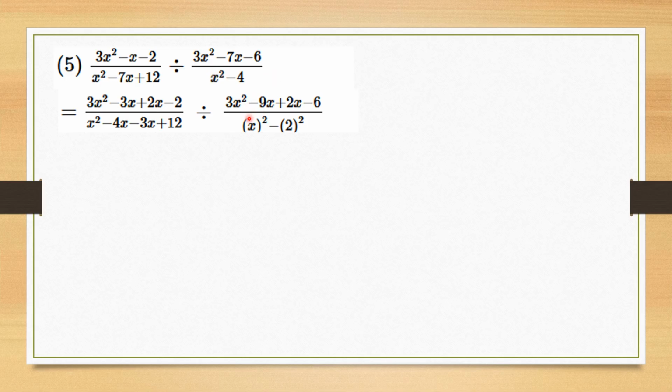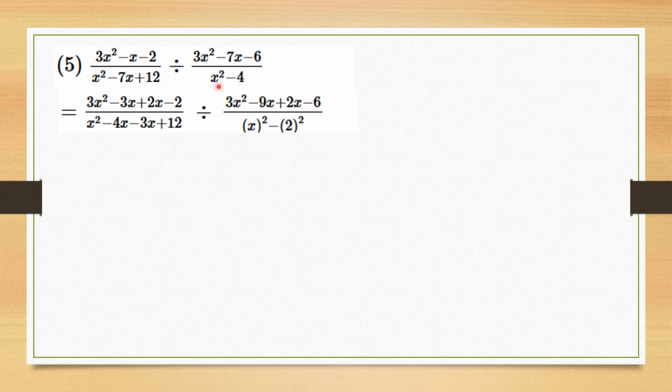So if you take the two terms, minus 9 and plus 2, minus 9 into 2 will give you minus 18, and minus 9 plus 2 will give you minus 7. So the numerator will become 3x squared minus 9x plus 2x minus 6.